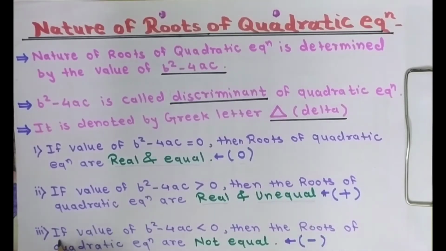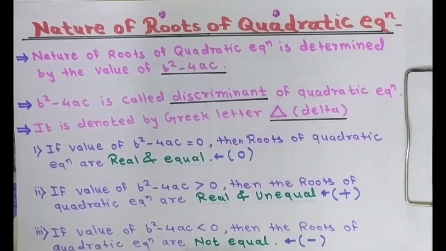And third, if the value of b square minus 4ac is less than 0, then the roots of the quadratic equation are not real. Less than 0 means the value of b square minus 4ac is negative, like minus 2, minus 3.